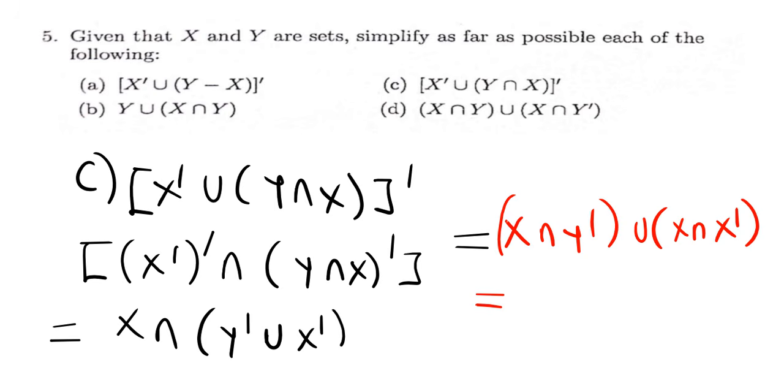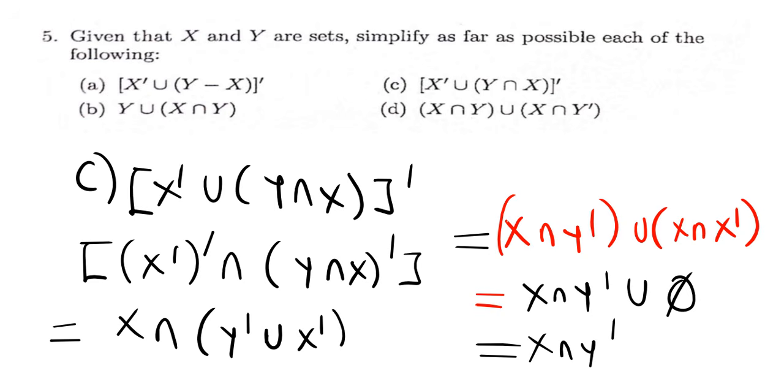So I'm going to have x intersection y complement union empty set. Even if you unite this with an empty set, you're just going to have x intersection y complement, because you're adding something with nothing, you're going to have something. So that is how you solve that one.